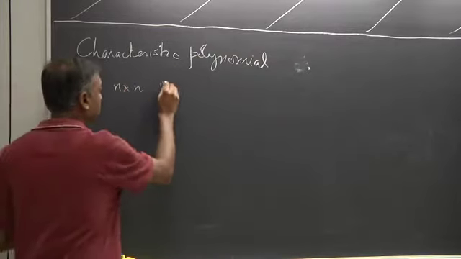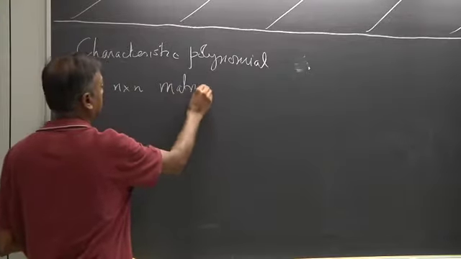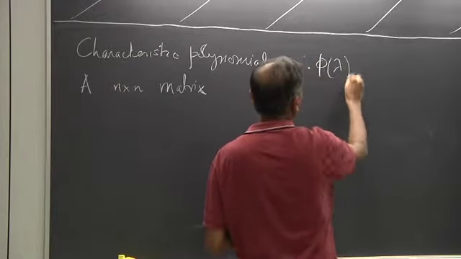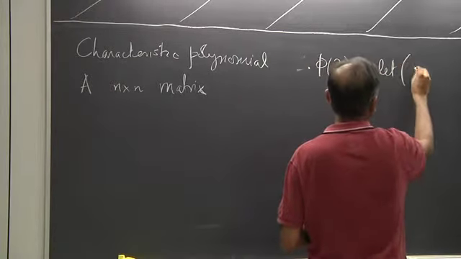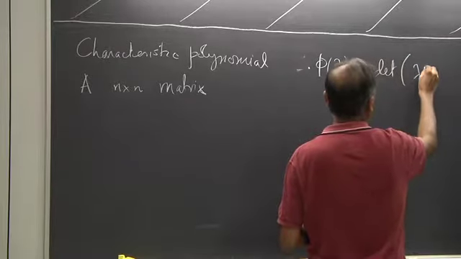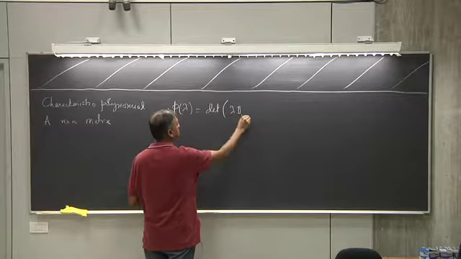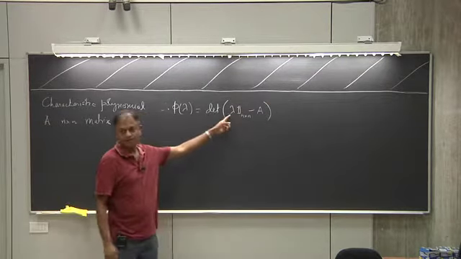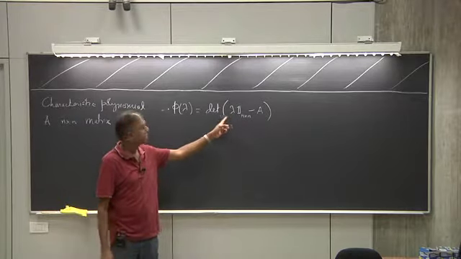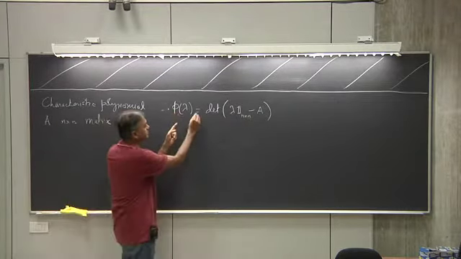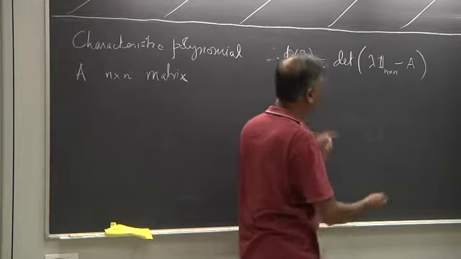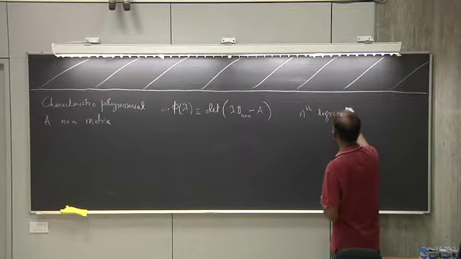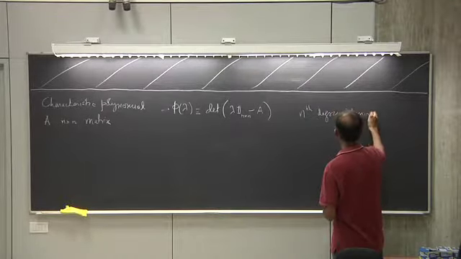The characteristic polynomial is simply the determinant of lambda times the identity matrix, n by n, minus A. Lambda is an arbitrary complex number. This is a definition, and it is an nth degree polynomial in lambda.